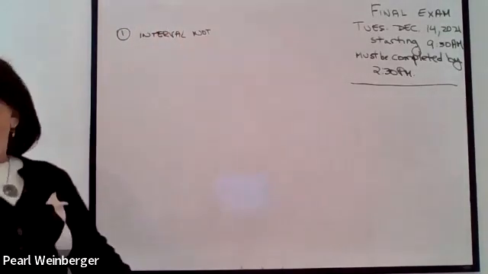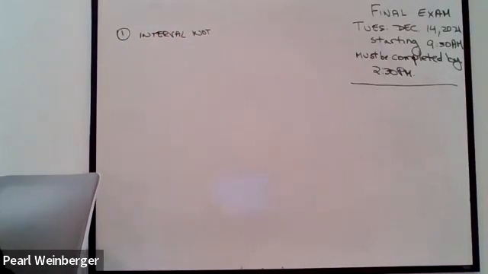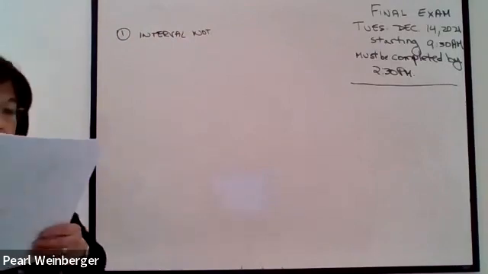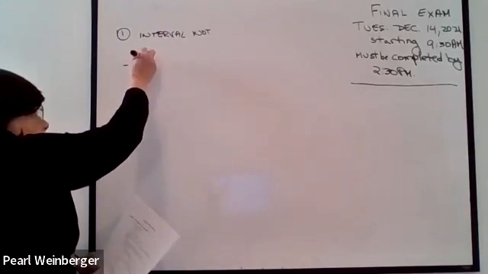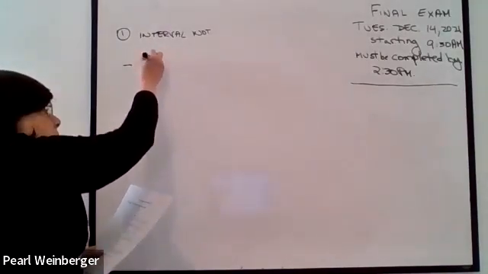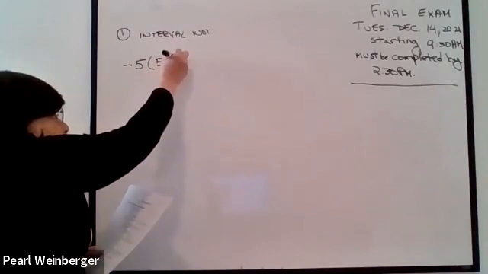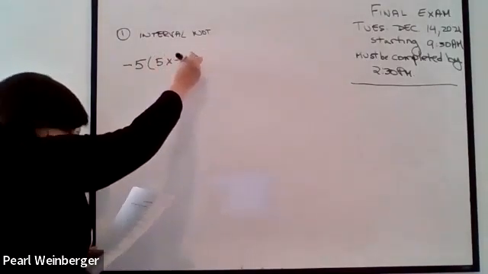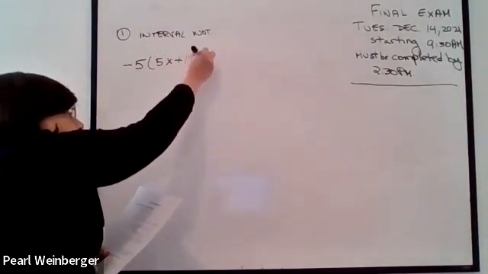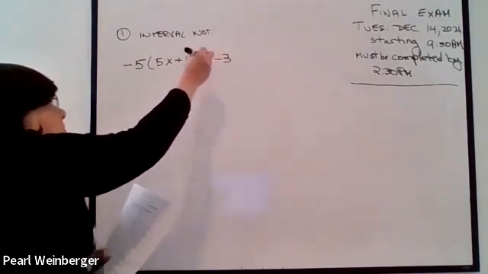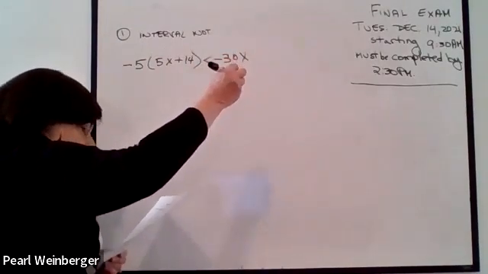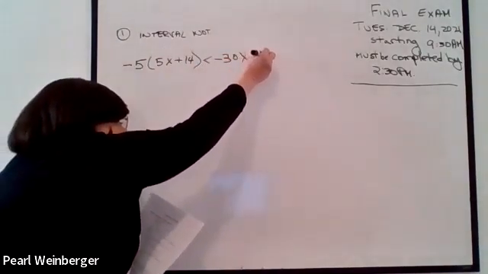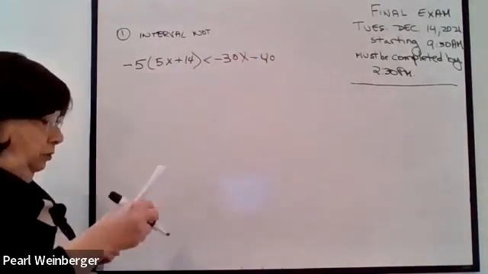Suppose I gave you, I want you to solve this. -5 times 5x plus 14 is less than -30x minus 40. That's one that I want you to do.